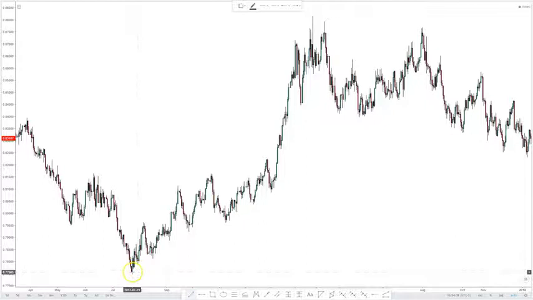Okay, so let's start off our markup with a simple trend line, low to this higher low, 1, 2, run it through.